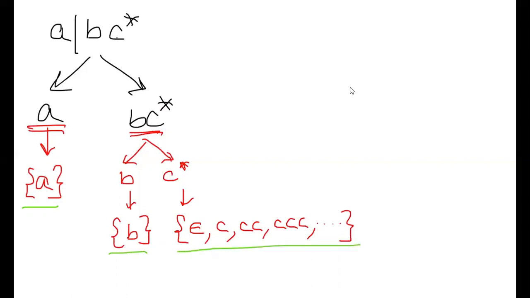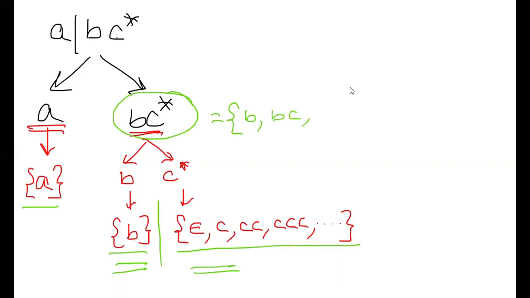Now, if you look at the concatenation part, we have to construct for BC star. You know that it is B followed by elements of this set. So if we combine B with each of these, we get B with epsilon, which means B, or we get BC, or we get BCC, or we get BCCC, and so on.